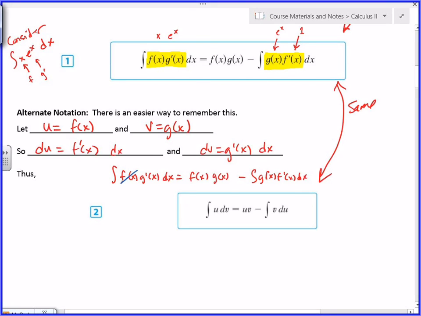That right there is u. This whole thing right here is dv. So that's where we get u dv as the first part: it's f of x g prime of x. And then there's u, there's v, there's v, and all of this is du. So the integral of u dv is uv minus the integral of v du.